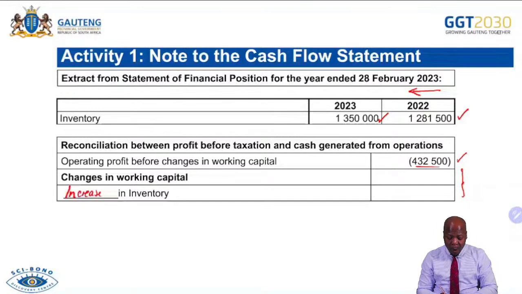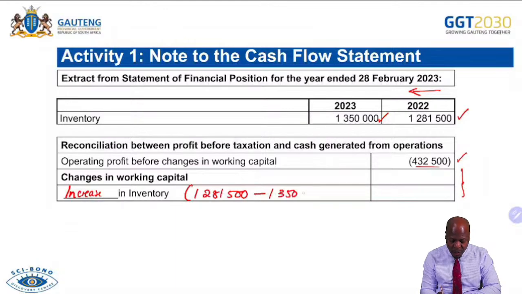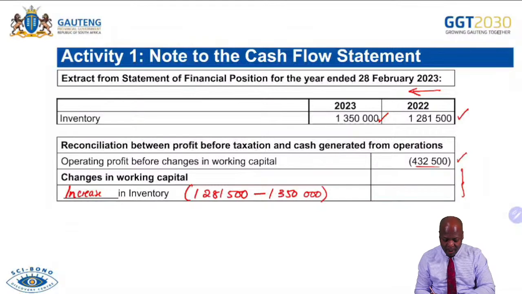All right. Now, how do we know it is an increase in inventory? We are saying initially we had 1,281,500, but now we have 1,350,000. Therefore, we are having an increase.